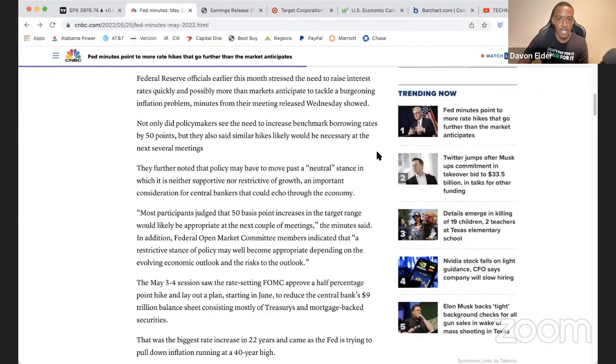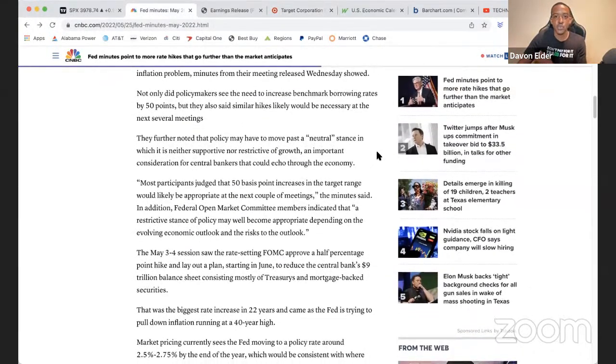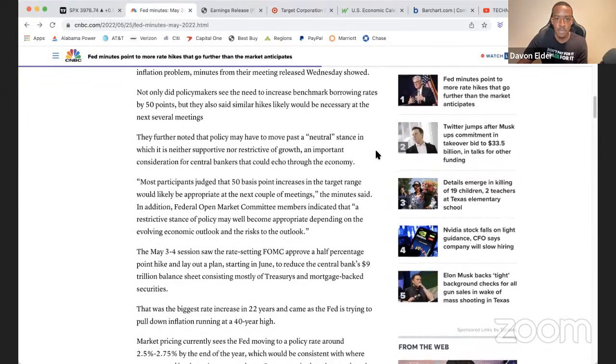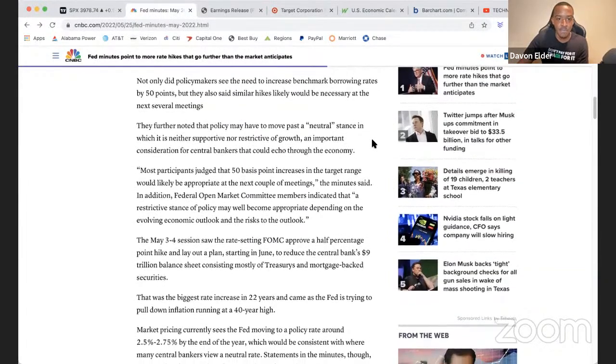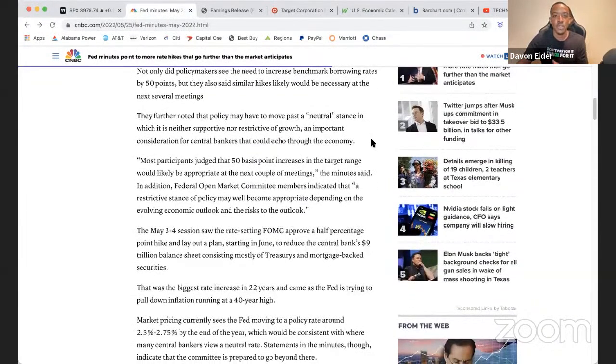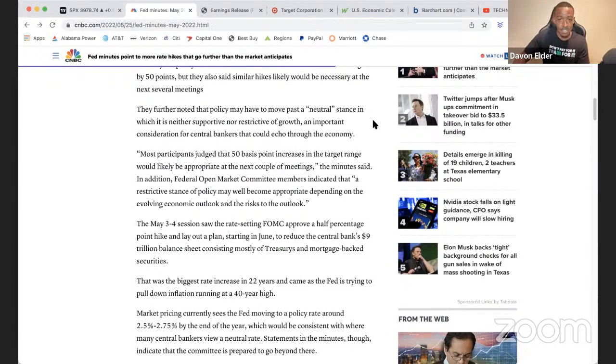Not only did policymakers see the need to increase benchmark borrowing rates by 50 basis points, they also said that similar hikes likely would be necessary at the next several meetings. They further noted that policy may have to move past a neutral stance, in which it's neither supportive nor restrictive for growth. Like I said, the bicycle and training wheels analogy.